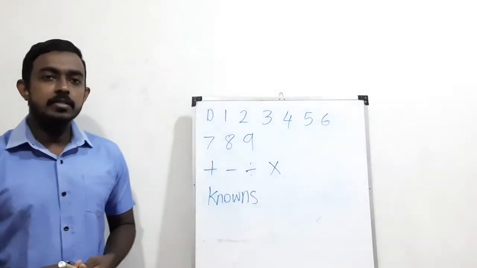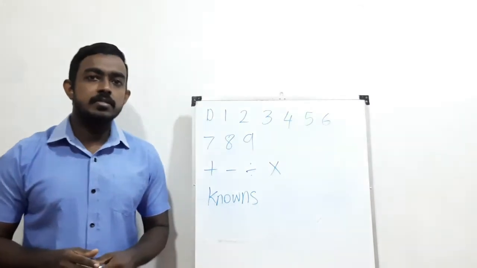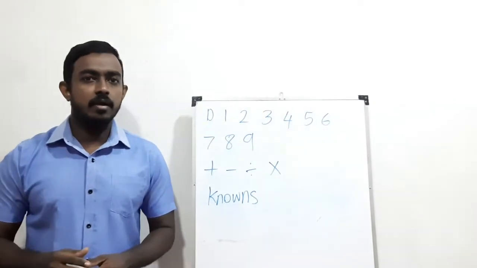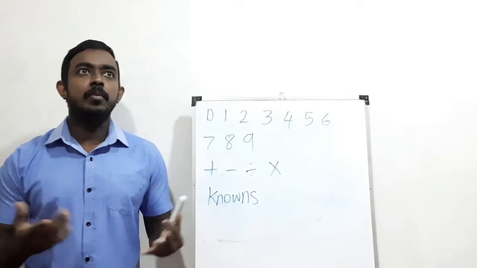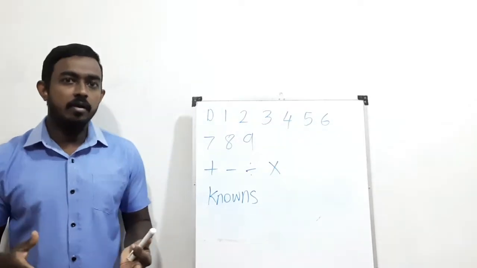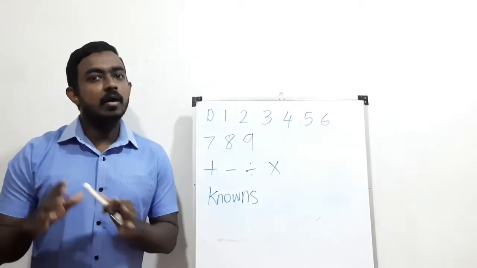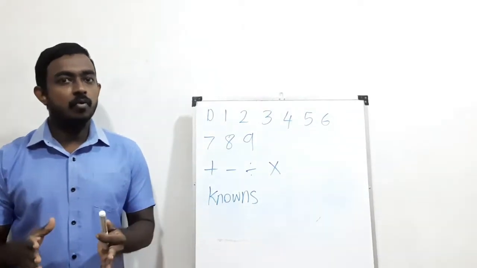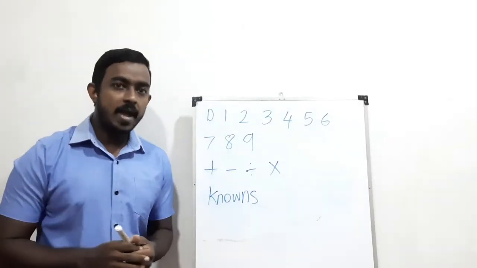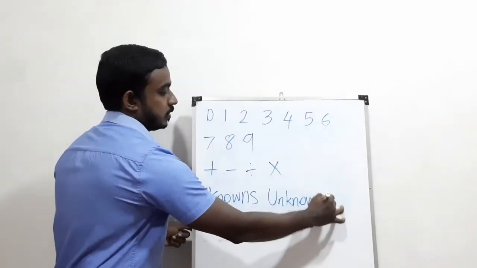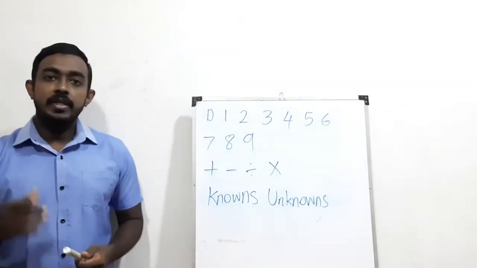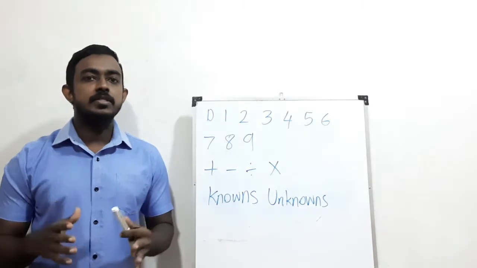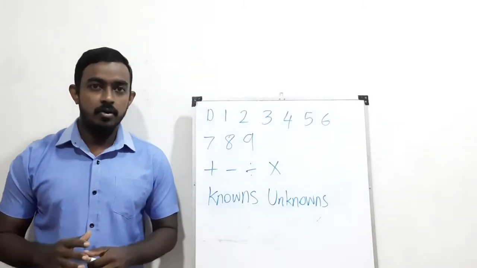And if I ask how many coconut trees are in your area, you know there are some coconut trees, but you do not know the count. Therefore, we can name them as unknown. So now in this lesson, we are going to discuss those types of unknowns.